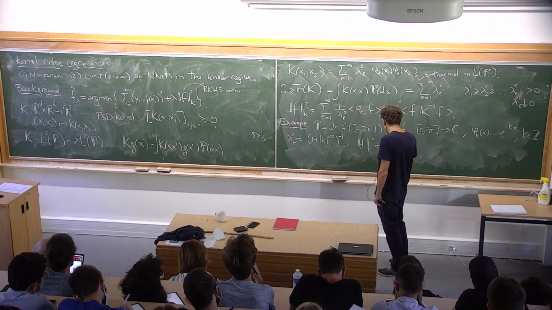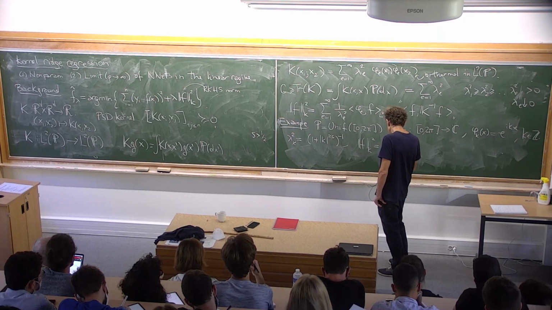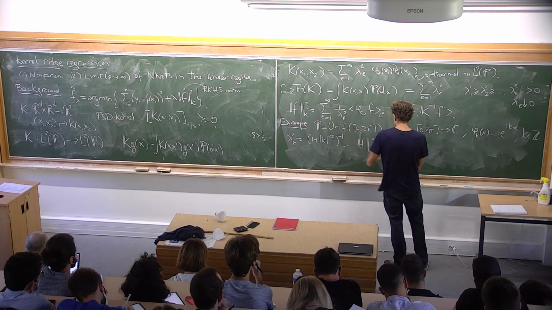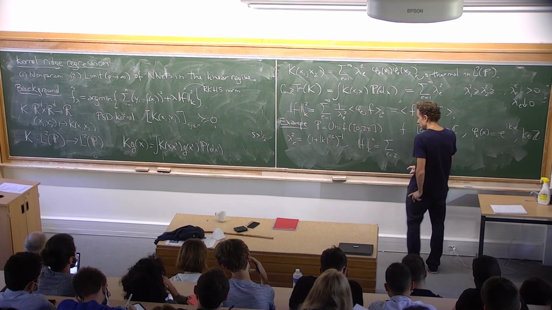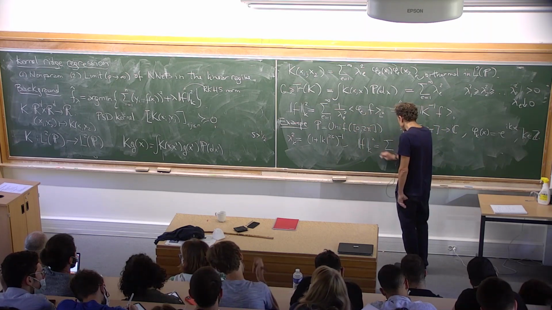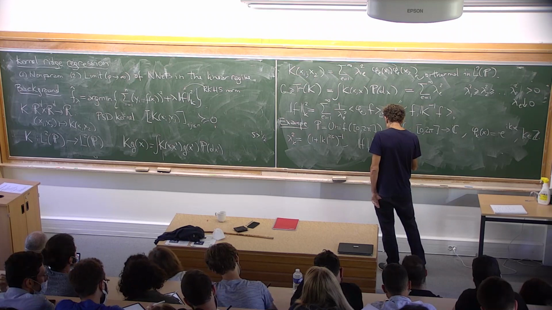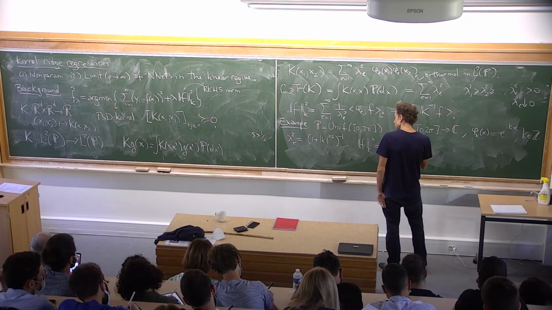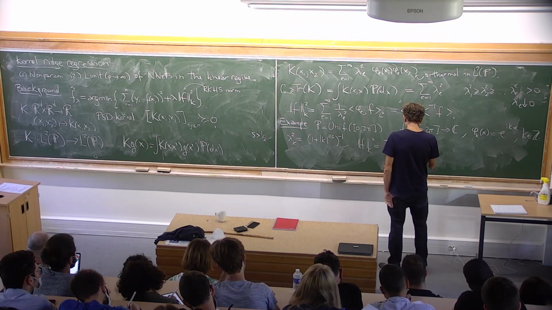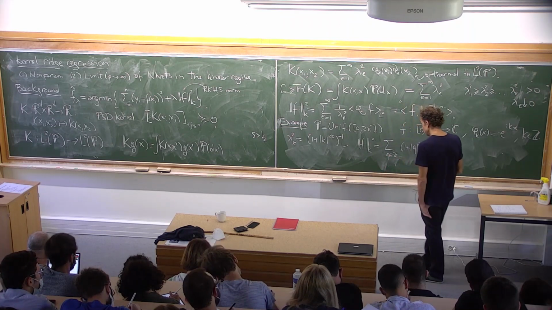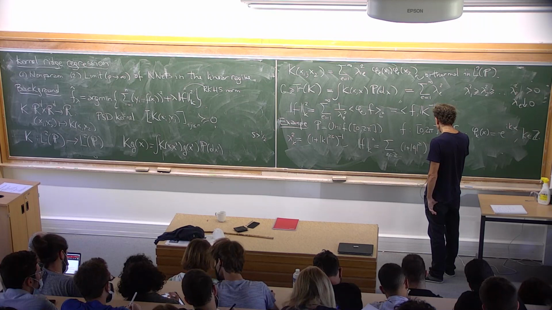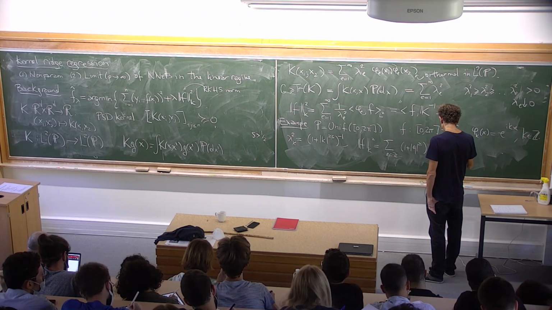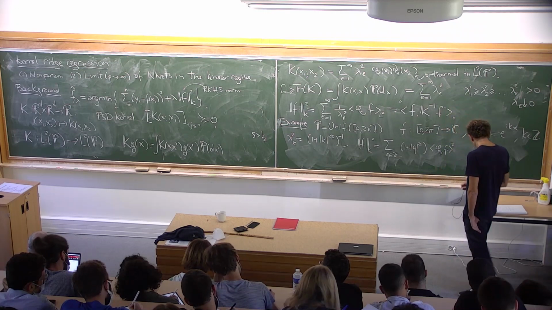So this is a sum over q in Z, since it's indexed by Z instead of the naturals. Then you have the inverse of the eigenvalues, 1 plus |q|^(2s), and then you have the q-th Fourier coefficient of f.